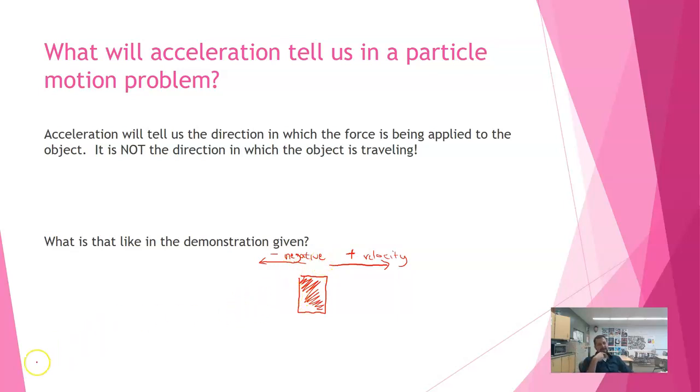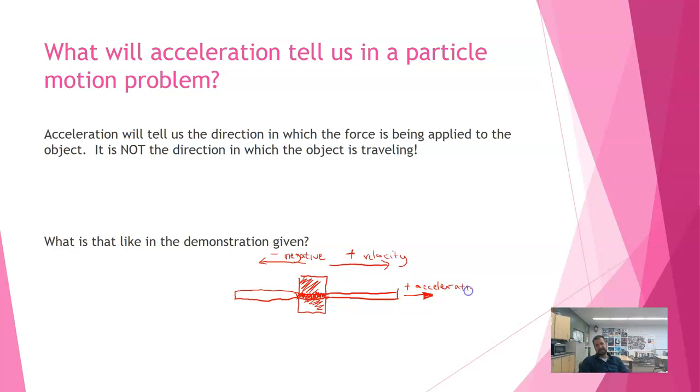Now let's say we were able to wrap a band or something around this block. Once I wrap that band around the block, there's an extension of the band either in this direction or in this direction. Now, if somebody were to pull on the band in this direction, so to the right in this case, we would say that we have a positive acceleration.